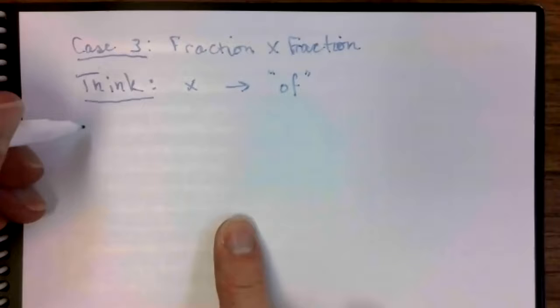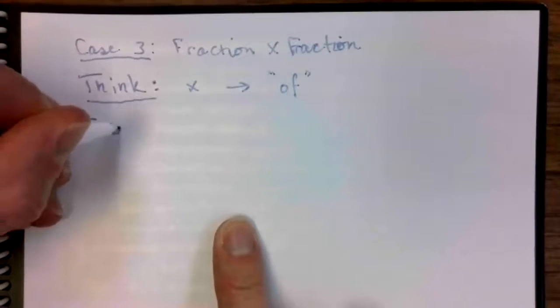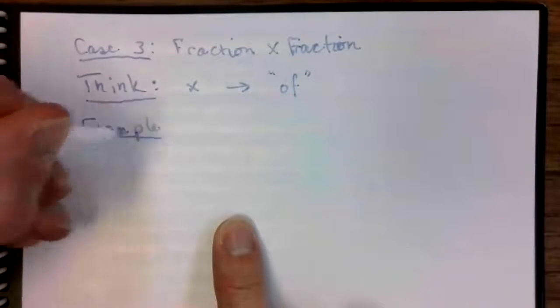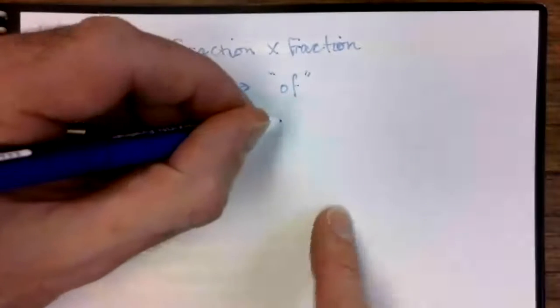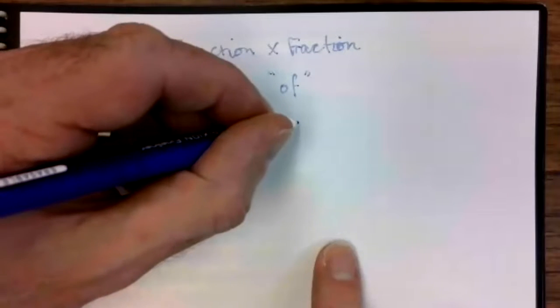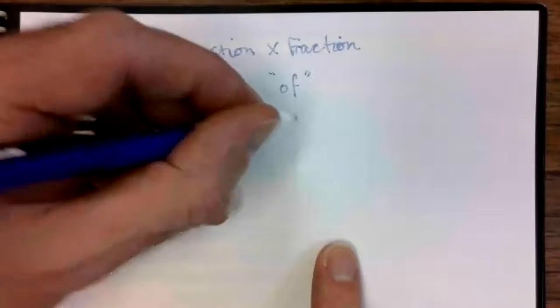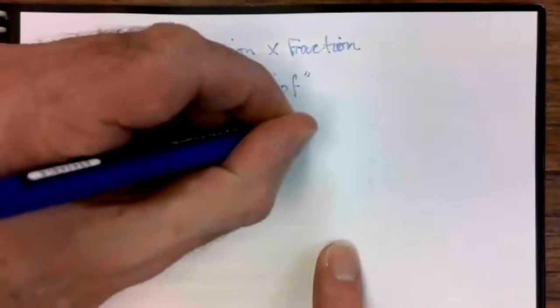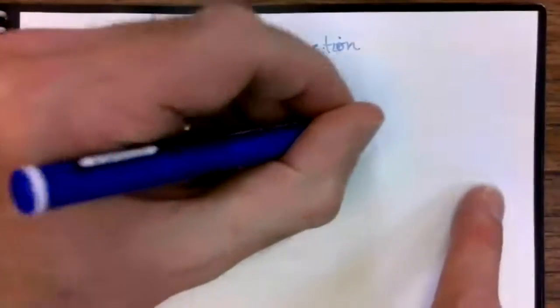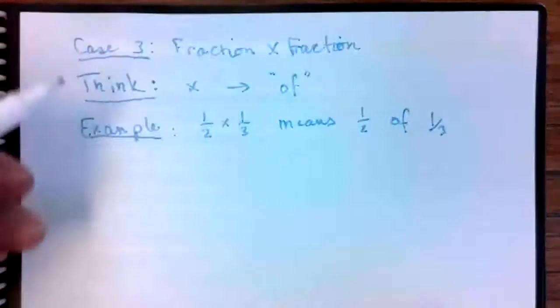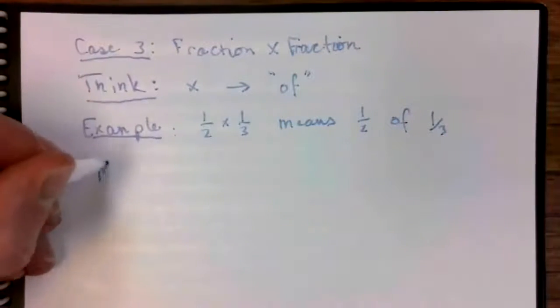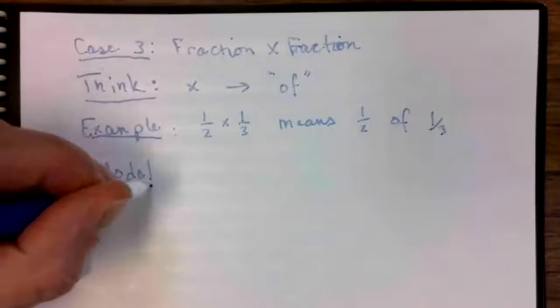Okay, so something like this. One half times 1/3. So what we're thinking of is 1/2 of 1/3. And we can model that something like this.